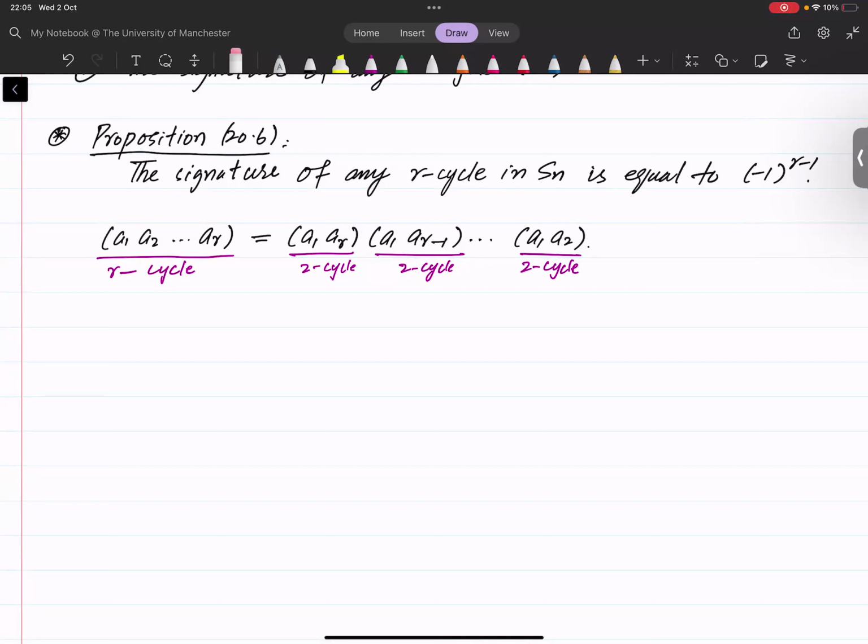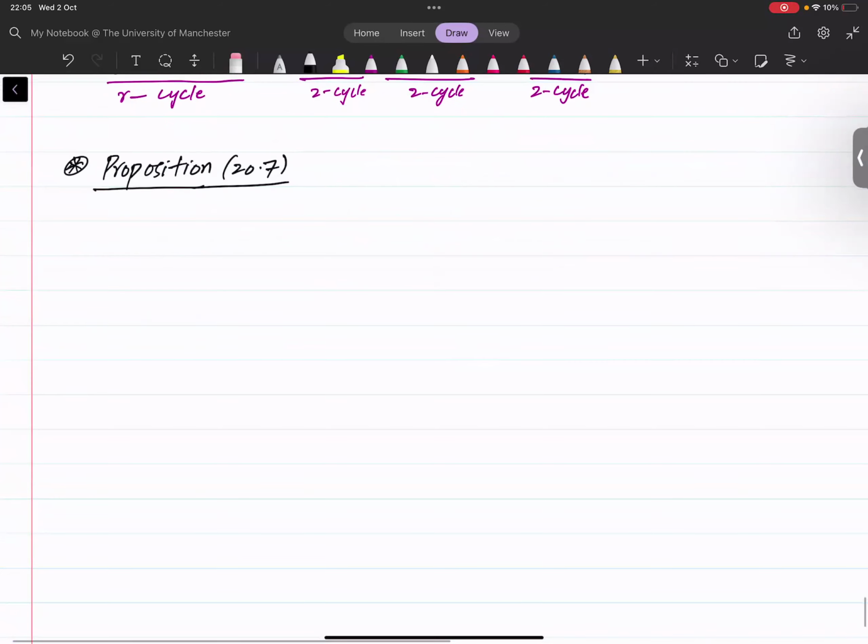Now there is a result again, proposition 20.7, which gives us the sign for an r-cycle.